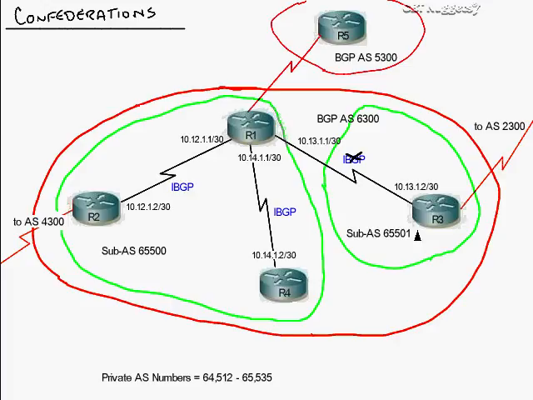From there, we're going to have to configure all the confederation peers that have connections to outside eBGP systems, outside autonomous systems, to say, number one, when you're communicating with these guys, those guys aren't private autonomous systems. They are real autonomous systems, and you're going to have to do some special modifications to your advertisements to make sure that you remove these sub-autonomous system numbers, because they should not be seen.